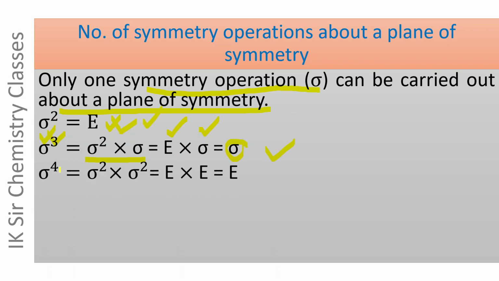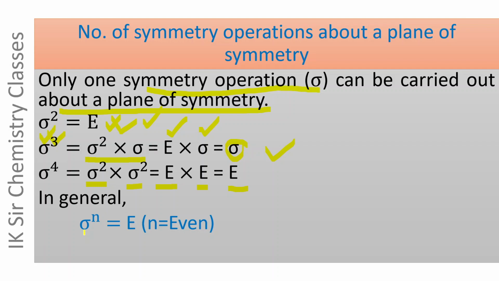Sigma to the power 4 will be equal to sigma square into sigma square, that is E into E, and it will be equal to E. For example, 1 into 1 is equal to 1. In general, we can say that sigma to the power n is equal to E if n is even.